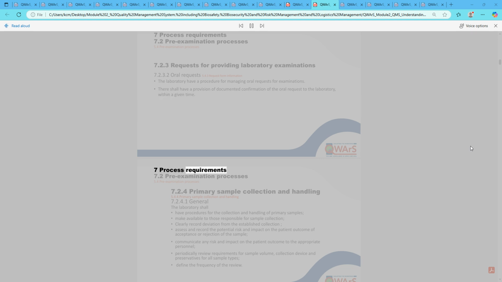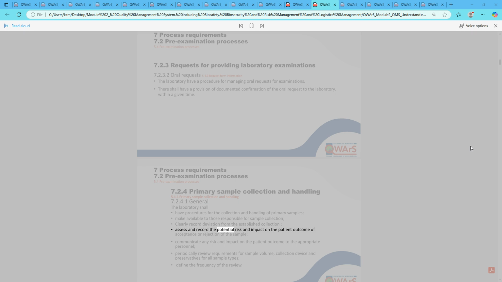7 Process Requirements, 7.2 Pre-examination Processes, 5.4 Pre-examination Processes. 7.2.4 Primary Sample Collection and Handling, 5.4.4 Primary Sample Collection and Handling. 7.2.4.1 General. The laboratory shall have procedures for the collection and handling of primary samples, make available to those responsible for sample collection, clearly record deviation from the established collection.